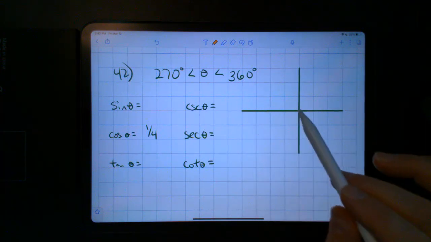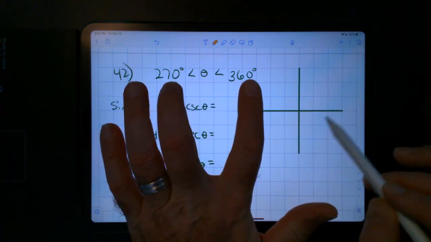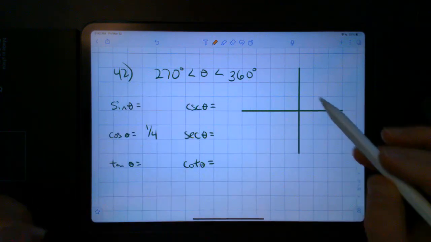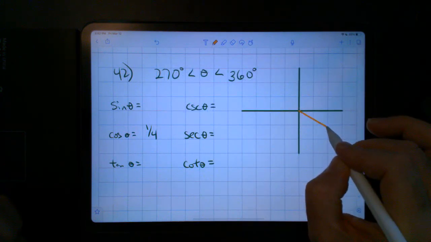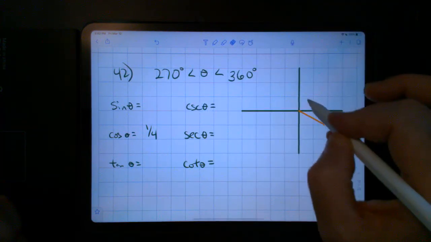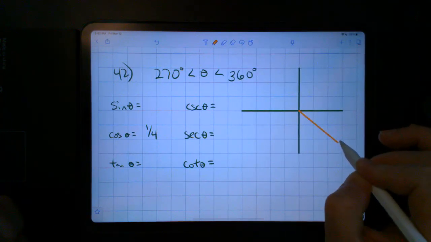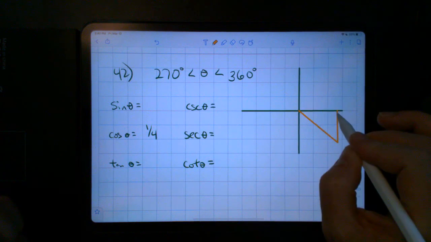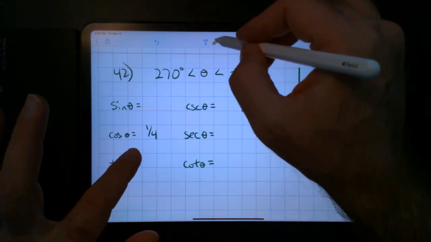So here, 270 degrees and 360 degrees. So we're going to be in quadrant 4. Draw a generic right triangle in quadrant 4. And cosine is 1 over 4.